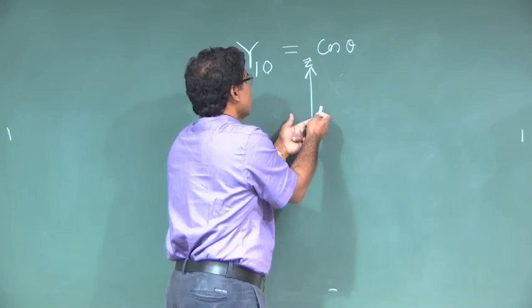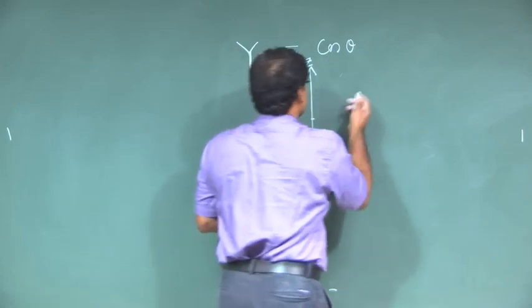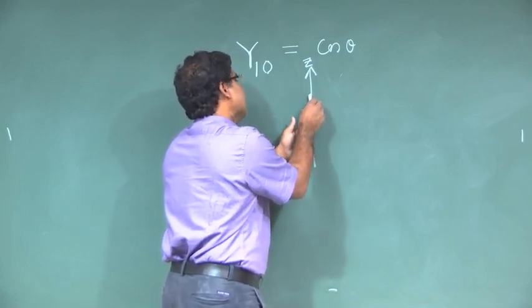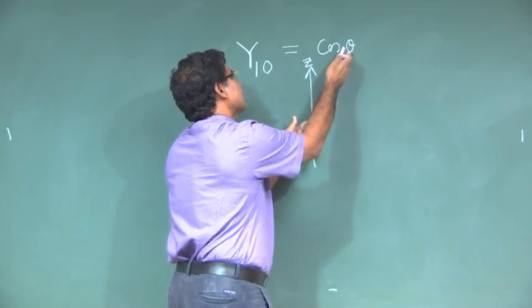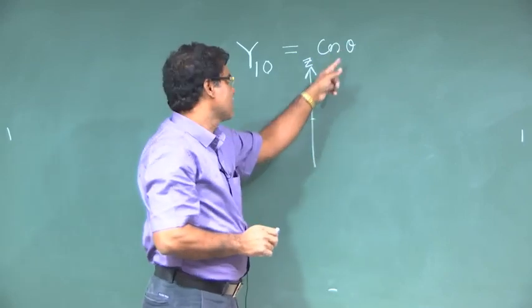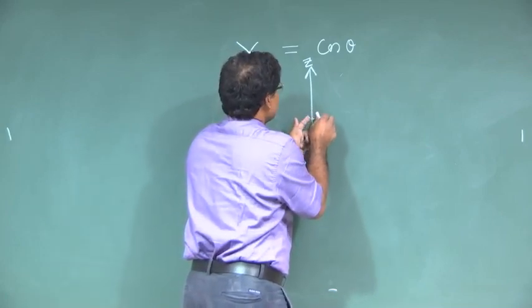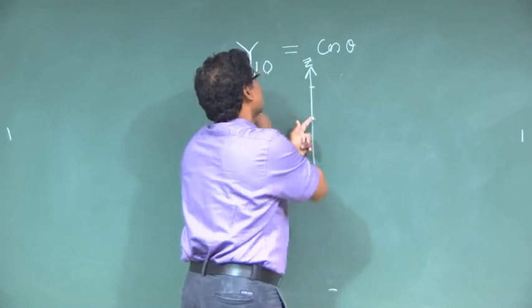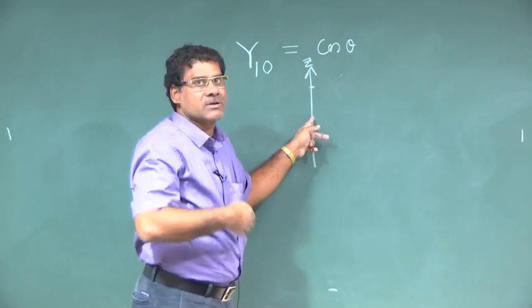Now if I plot the cos theta term, what will I get? In this direction the value is 1, meaning theta equal to 0, it will be 1, and the square of it will also be 1.